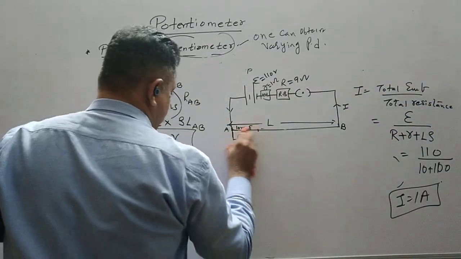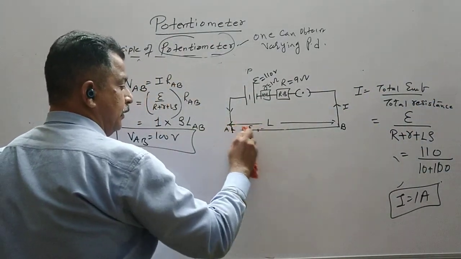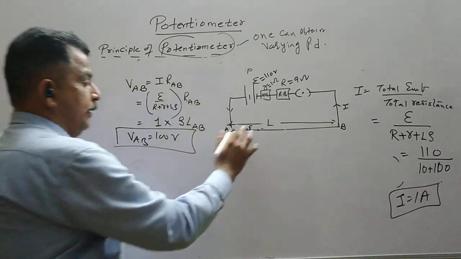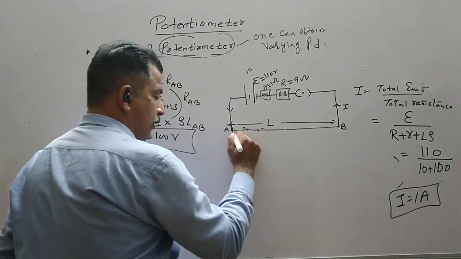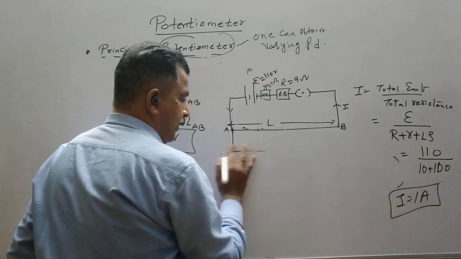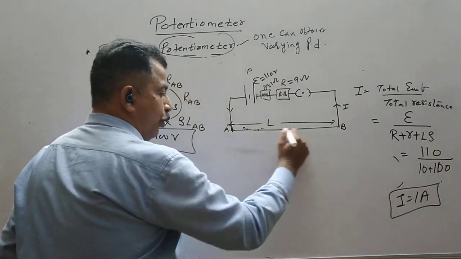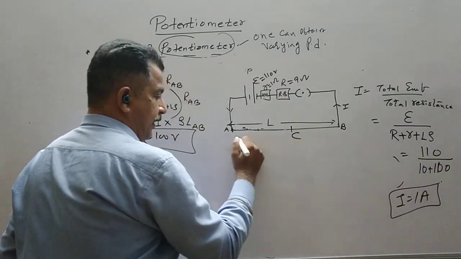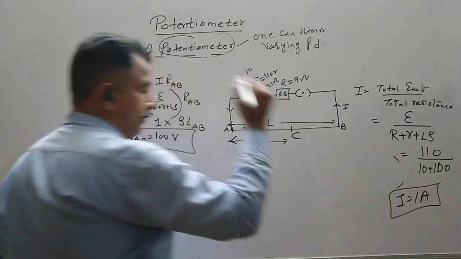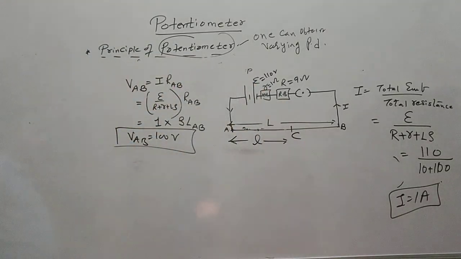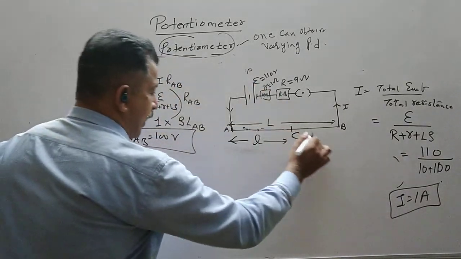So what is the principle? Now let us take the values. Suppose I take the 2 points, say one is C and let its length be L. Now what is the potential difference across AC?